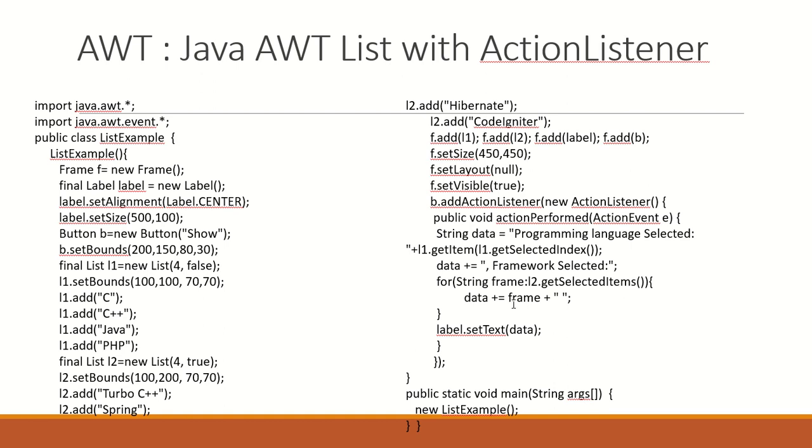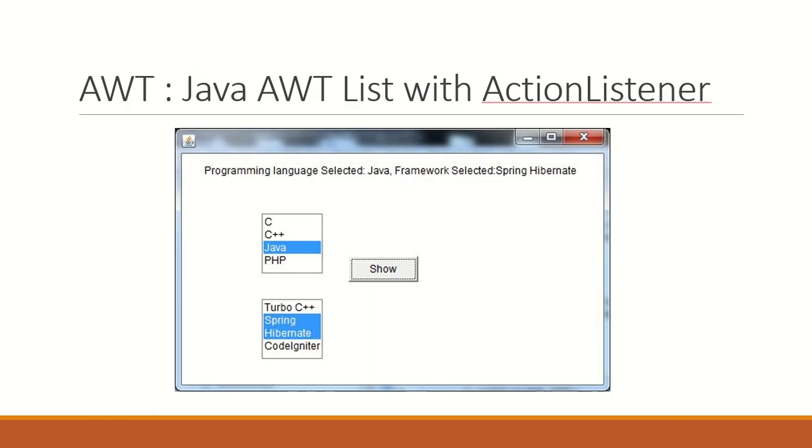This is how it is going to work. Here you have created a string frame, and that is used here. Just like in the previous example, inside the main method, you will make a call to the constructor. So that is about list. I hope it is clear. So this is your output.